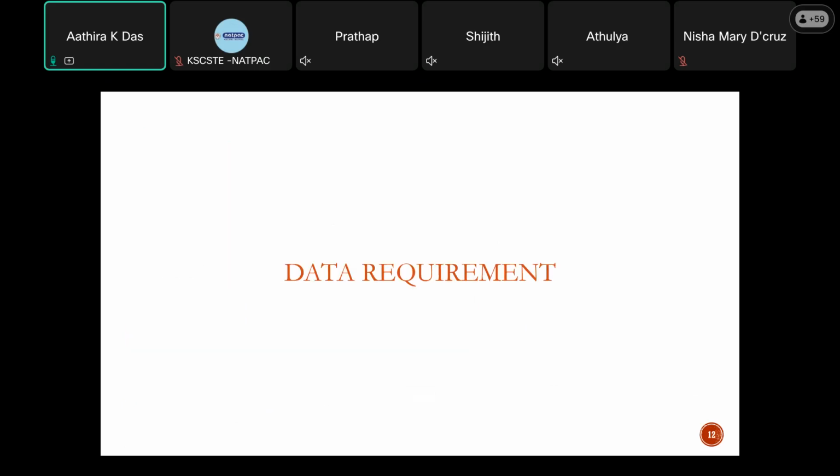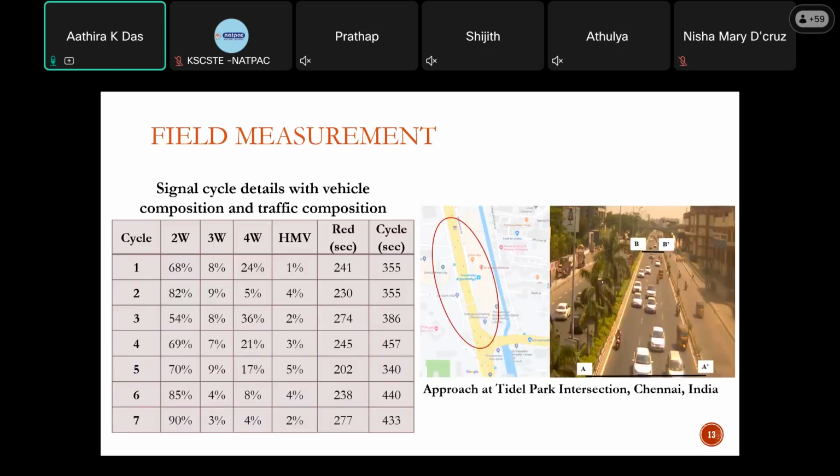So the data required for using these functions in traffic assignment modeling. First of all, since we are considering mixed traffic condition, we need the composition of the traffic, that is different vehicle types that are used, and the signal settings, that is the red duration and cycle time of the signal at the downstream of the intersection.